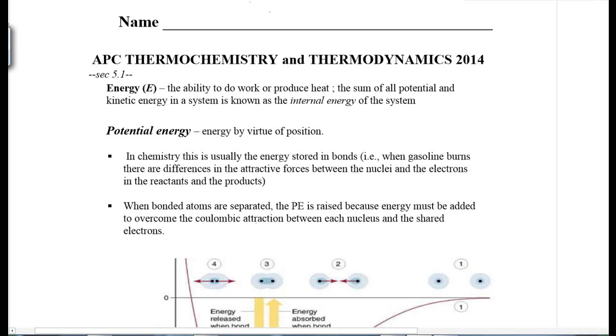We also have to be careful about whether the data you're given is per mole or per gram. So you want to watch out for those things. In some cases, especially when we get to thermodynamics, you'll get some values in joules and some in kilojoules, and you need to add them together, so you need to make sure you've got them in the same units. In some cases, even the constants have to be changed.